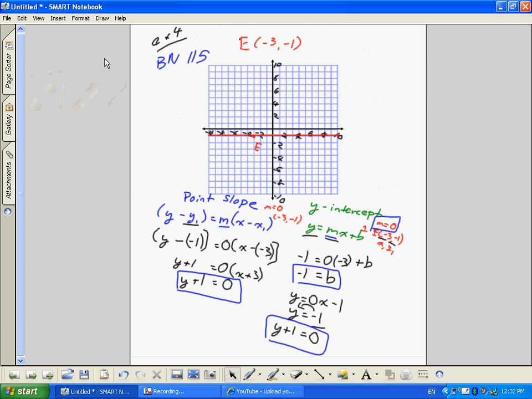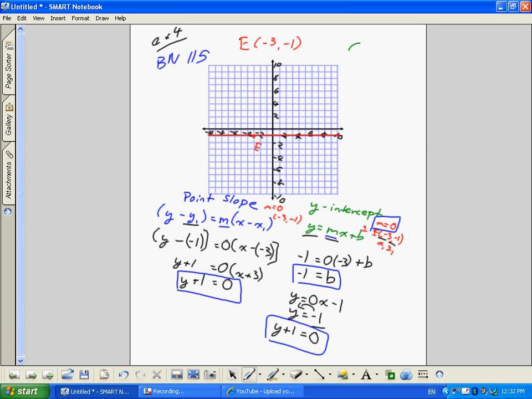So, if our y-intercept form, y equals negative 1, is the equation of this horizontal line, if I have a vertical line straight up and down, what would my y-intercept form look like? X equals whatever the number is. So, for example, I'll go down to C quickly.